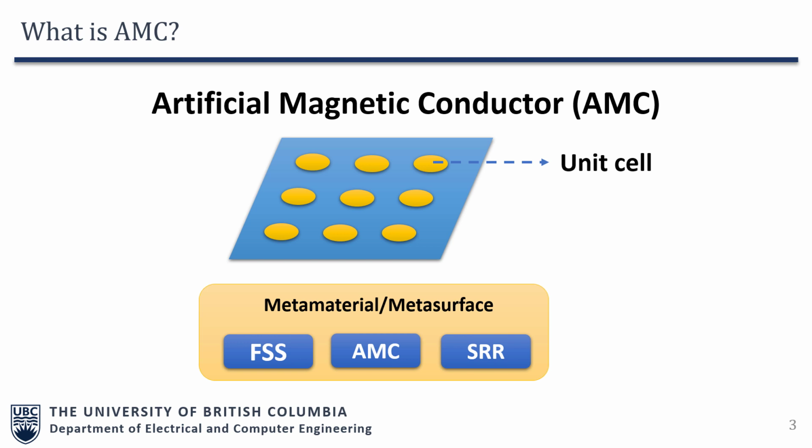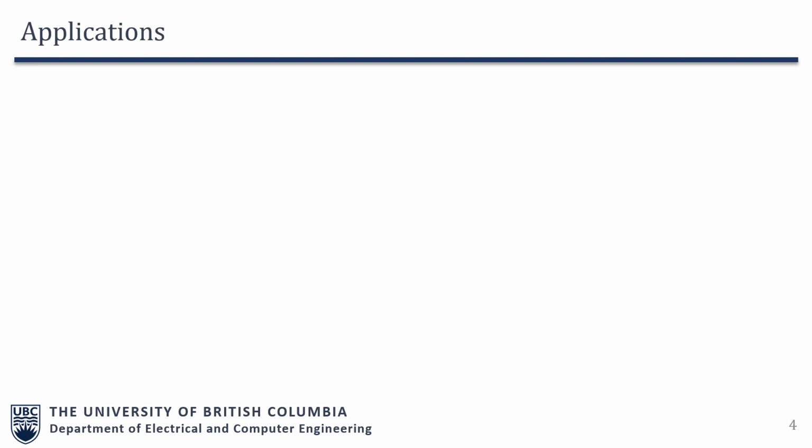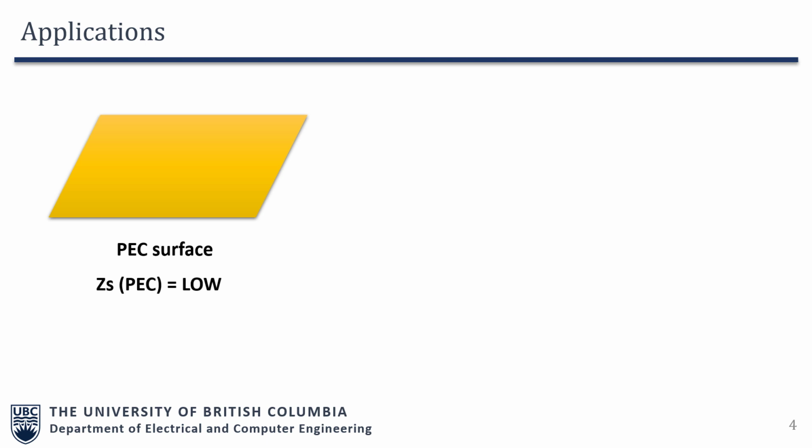Now let's move on to its application. Why is it so important to use AMC in antenna engineering? Well, if you imagine this metal sheet, which is basically a PEC surface, and you have the normal on the surface and you shine a wave on the surface, that means there is an incident wave hitting the surface, then since this is a PEC surface acting like a mirror, we will have a reflected wave going out.